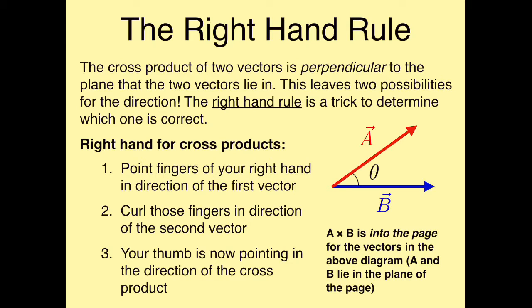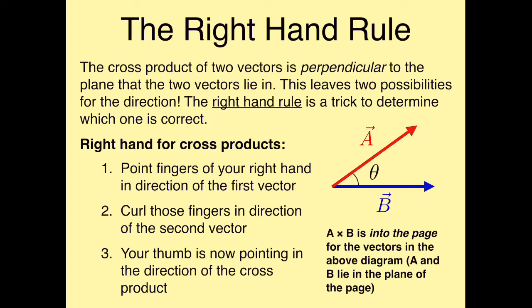In this picture, vector A and vector B both lie in the plane of the page, so the cross product has to be perpendicular to the page. It could be coming out of the page or going into the page. There are those two possibilities, and so we have the right-hand rule to help us determine which one is actually correct.